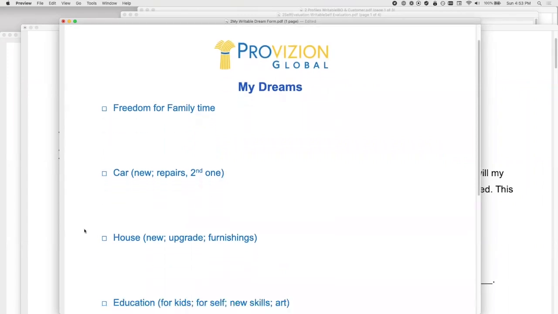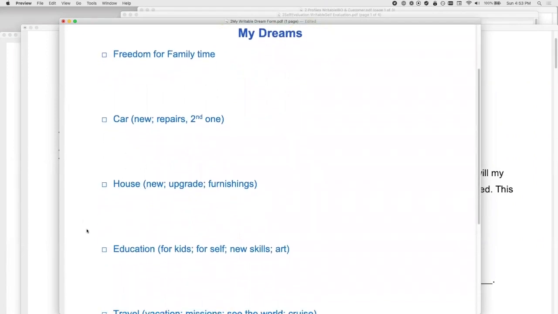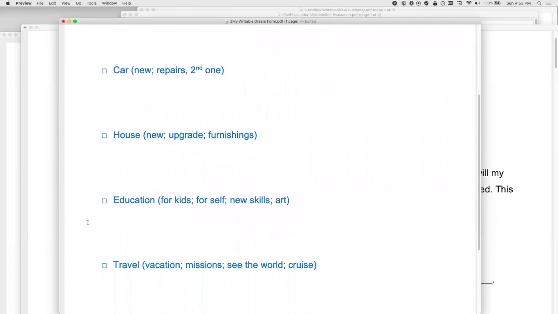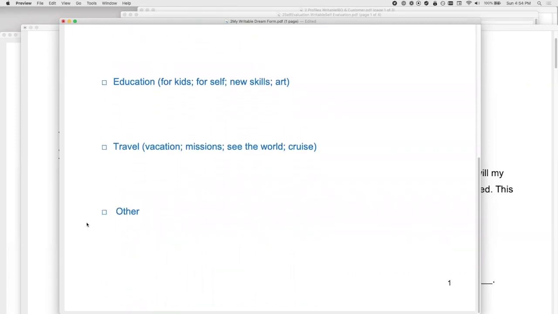Maybe you want to do something with your house, upgrade, buy some new furniture, education for your kids, maybe for yourself. Maybe you want to develop some new skills. Do you want to travel? Take a vacation, maybe do some mission work, go see the world, take a cruise, something like that. And then, of course, anything else that you can think of that you might like to do. Maybe it's none of those categories, that's fine. Take your time and do this.